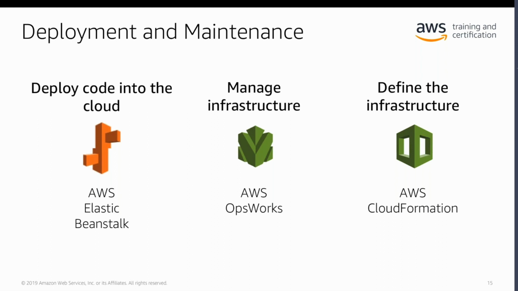OpsWorks is a little bit more of a configuration management tool. It allows you to be very specific about the life cycle of your application, and it relies on underlying services like Chef or Puppet for its orchestration. With Chef, for example, you can craft custom recipes for specific lifecycle events that occur in your application.